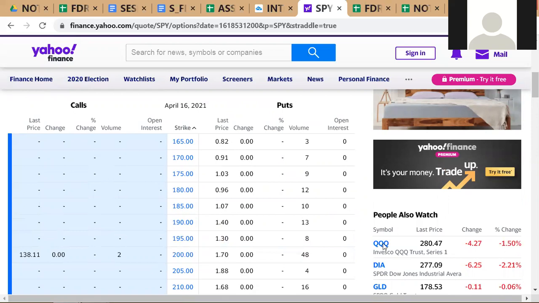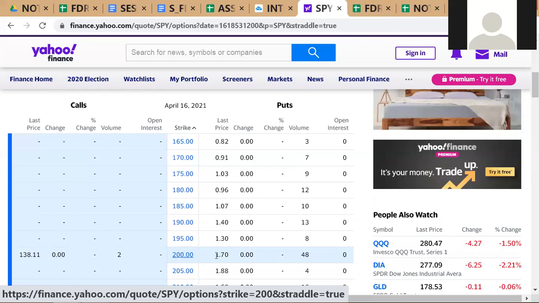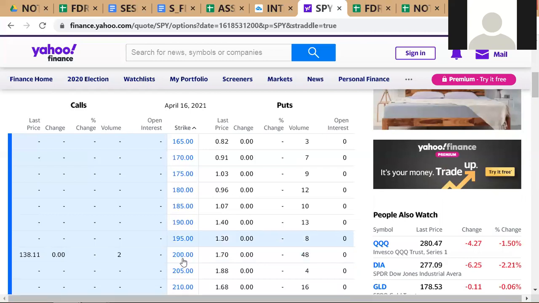So what we're saying here, at this point, we're learning only about underlying markets and derivative markets. So the derivative markets are here. This is the market for the 200 strike put on the SPY, and the last price in that market is $1.7. This is the derivative market because the put is an option, the option is a derivative.